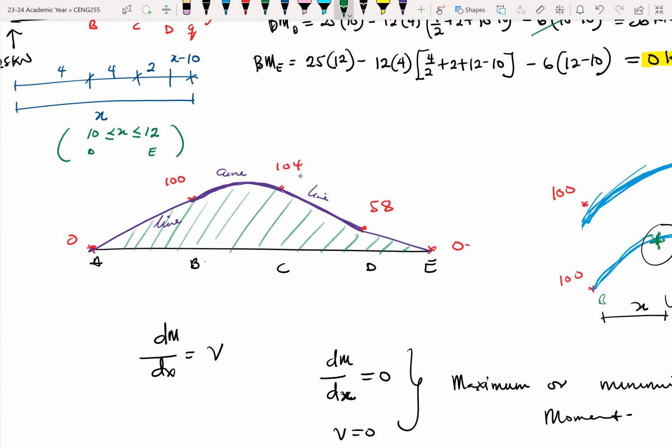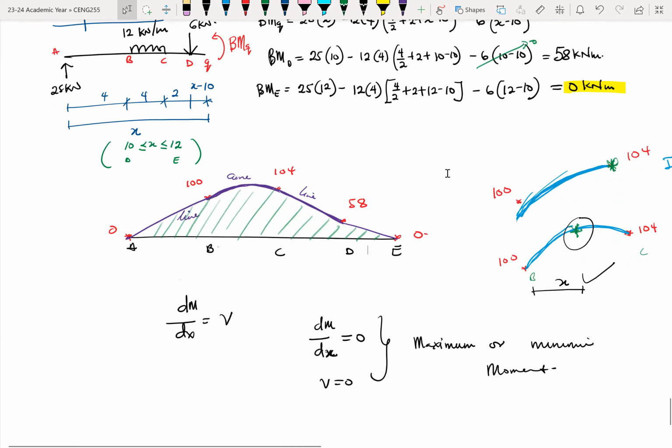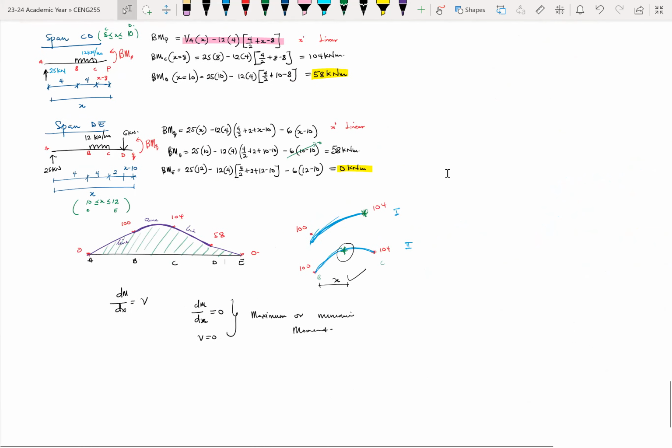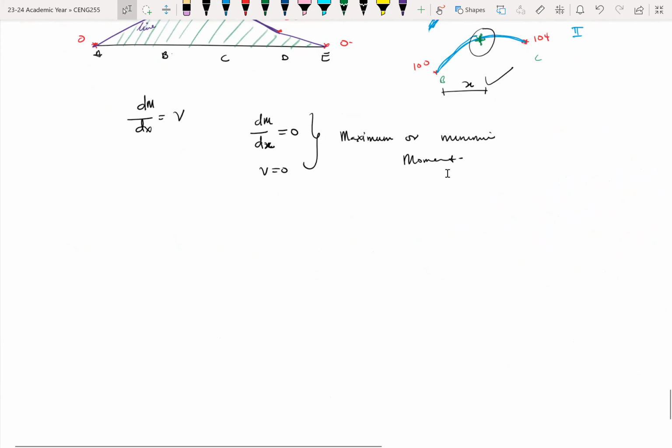Okay. The goal is to find the maximum point. And to find the maximum point, which is somewhere between B and C, let me just write over here, to locate maximum moment.